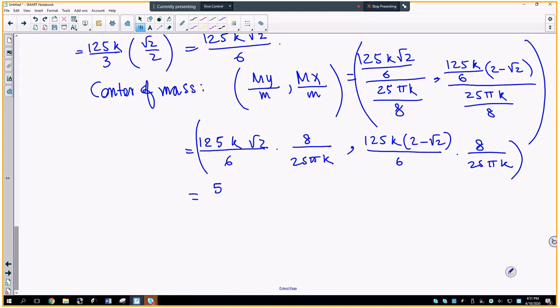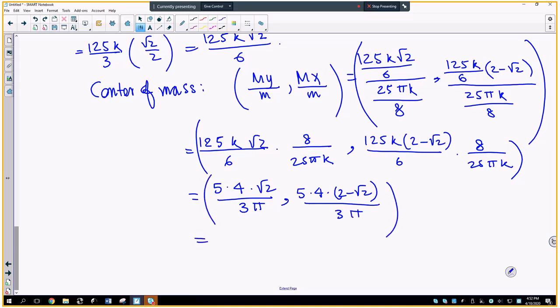So you get 5 times 4 times square root of 2 over 3 pi, comma. Similarly, you get 5 times 4 times 2 minus square root of 2 over 3 pi. So I get 20 square root of 2 over 3 pi, comma, 20 times 2 minus square root of 2 over 3 pi as the coordinates for the center of mass.